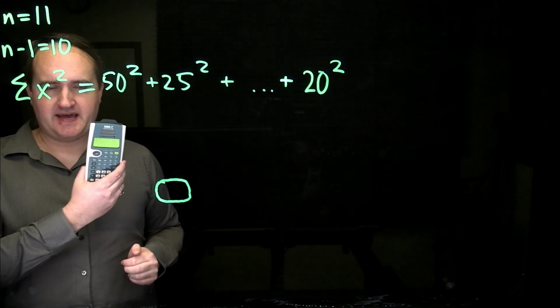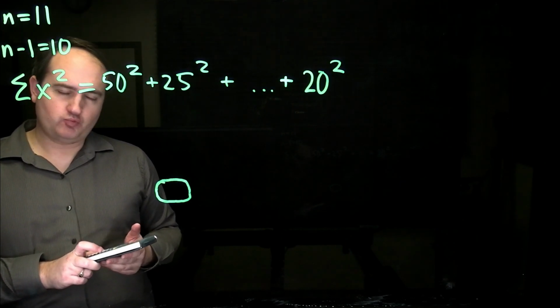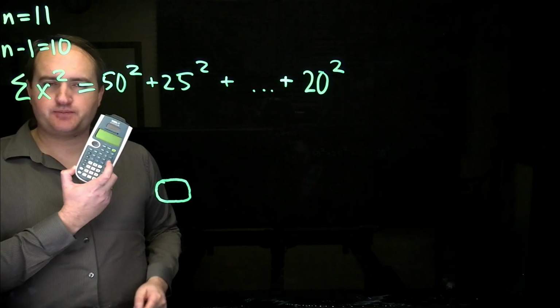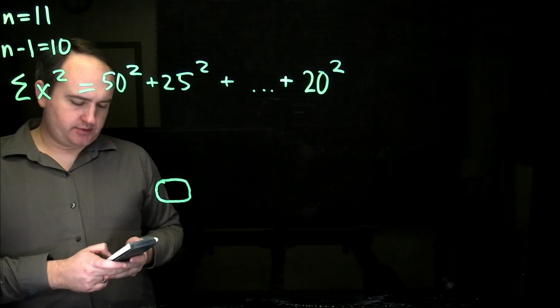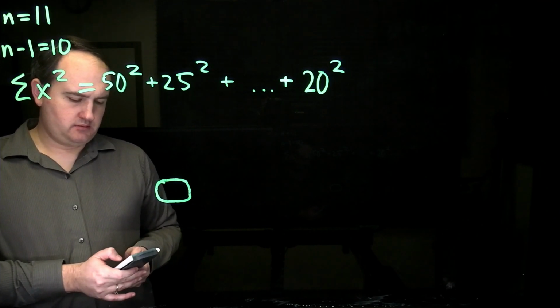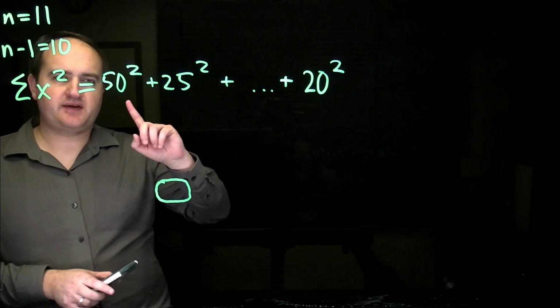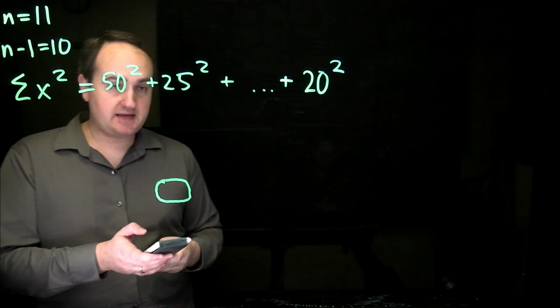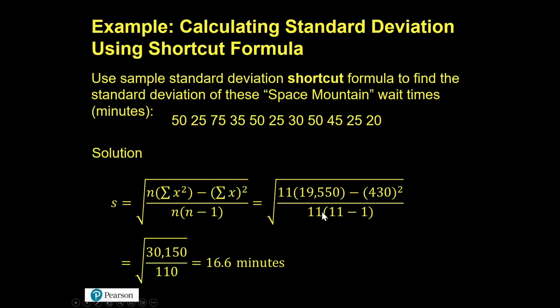If not, you'll have to use the exponent button, which very much depends on which kind of calculator you have. But my exponent button actually looks sort of like an up arrow. So I would do 50 to the second power plus 25 to the second power, and so forth. And then once I've typed all of these in, I would just press enter. And that's going to give me the number that they got here, which is 19,550.